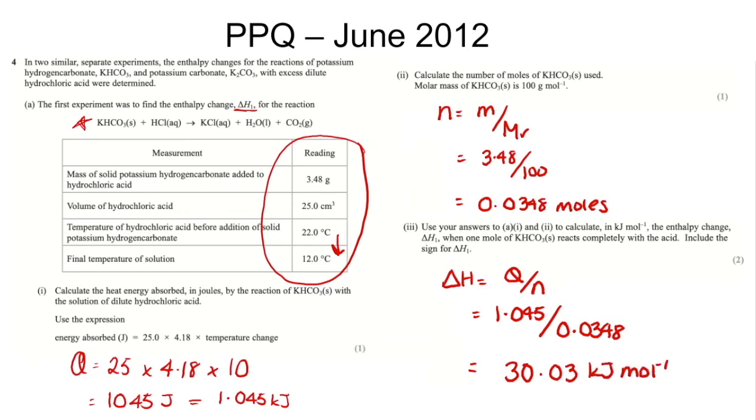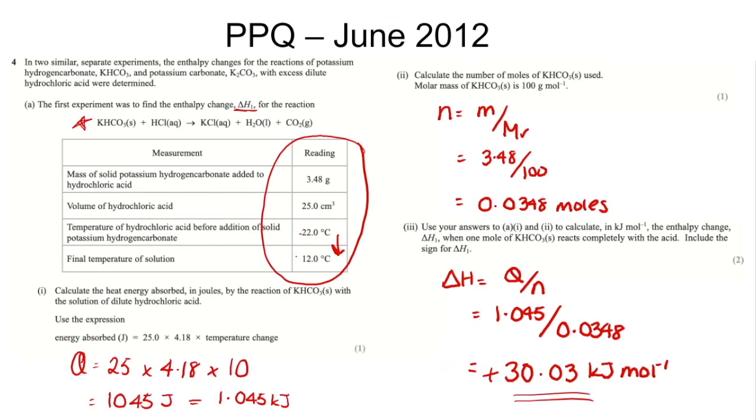Now this would only get you 1 mark because you must always include a sign in your reaction. And if we notice here, our temperature has gone down from 22 down to 12, so this is an endothermic reaction. So our answer is plus 30.03 kilojoules per mole.